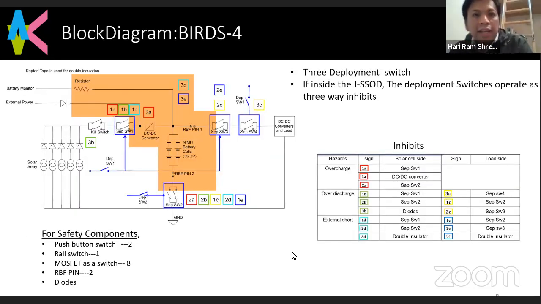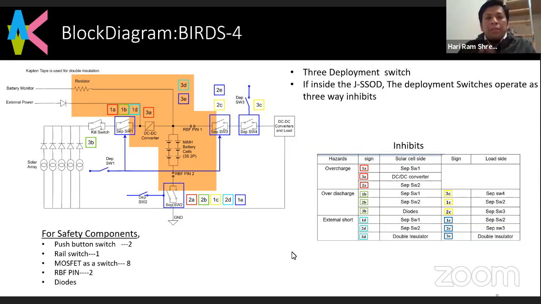This is the block diagram of BIRDS-4, because some parts have already been upgraded in BIRDS-4 compared to BIRDS-3. I mention it here because the JAXA safety requirement is one of the important issues for the CubeSat system.